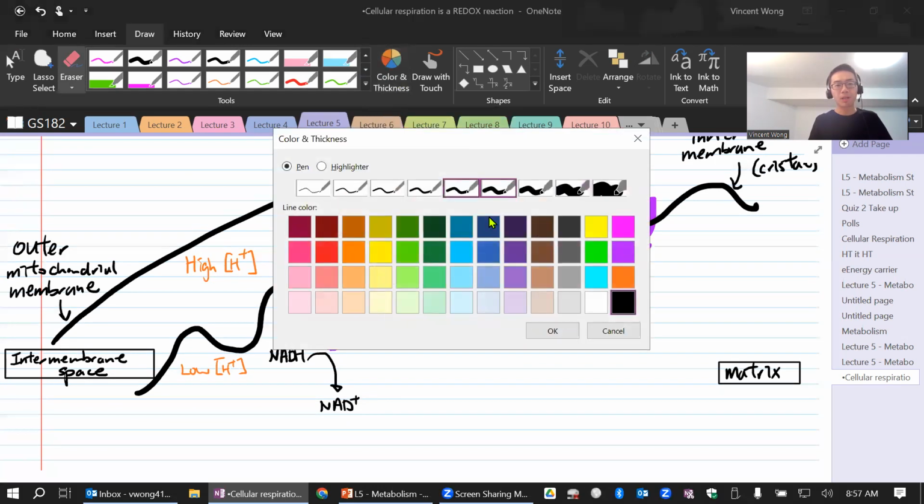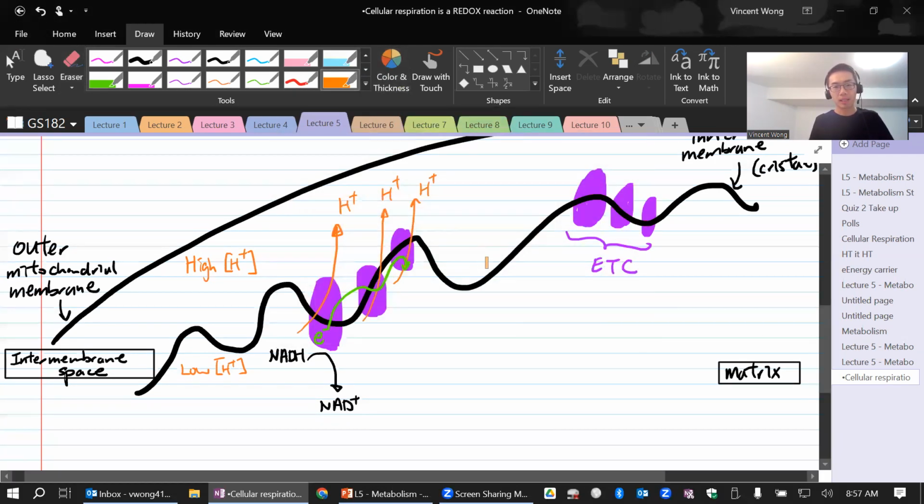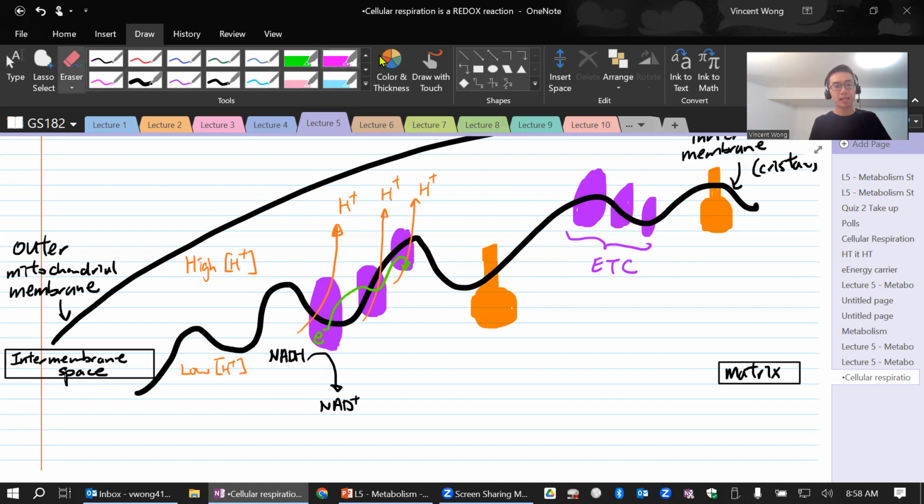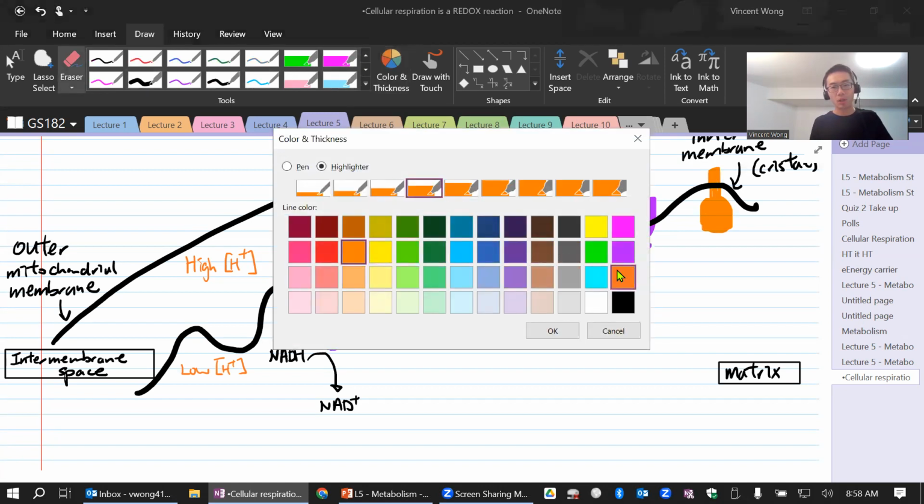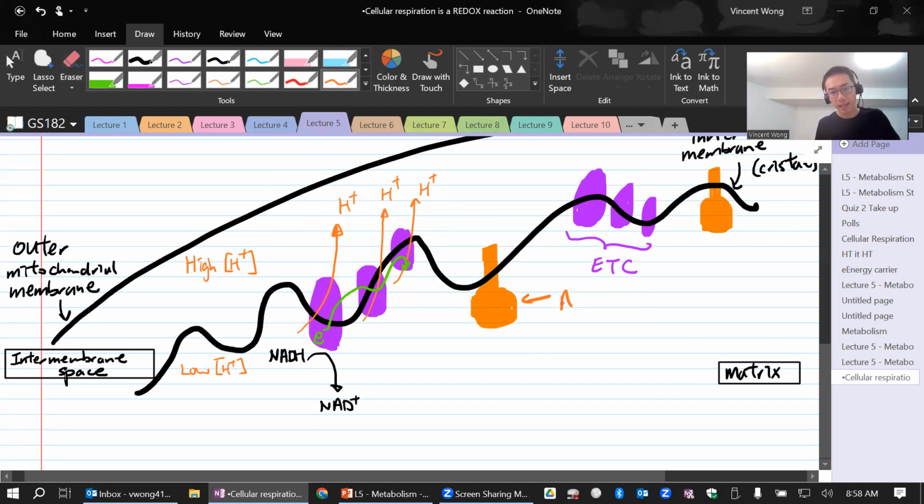Well, there is a special protein. The special protein looks like a doorknob. And you have, again, thousands of these throughout the inner membrane. This is called ATPase.